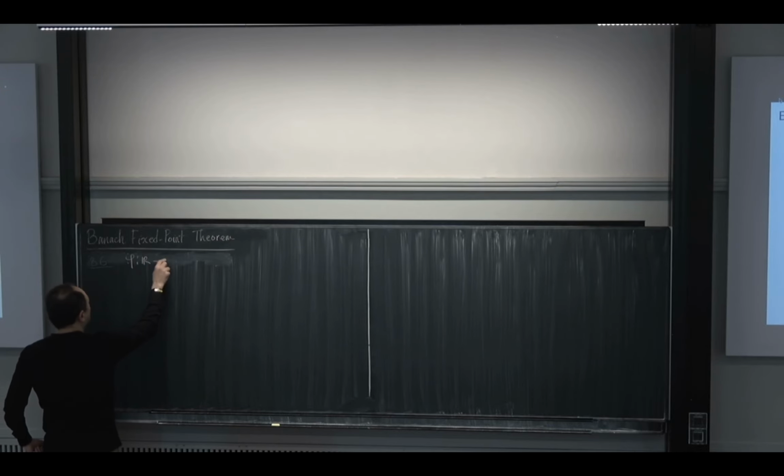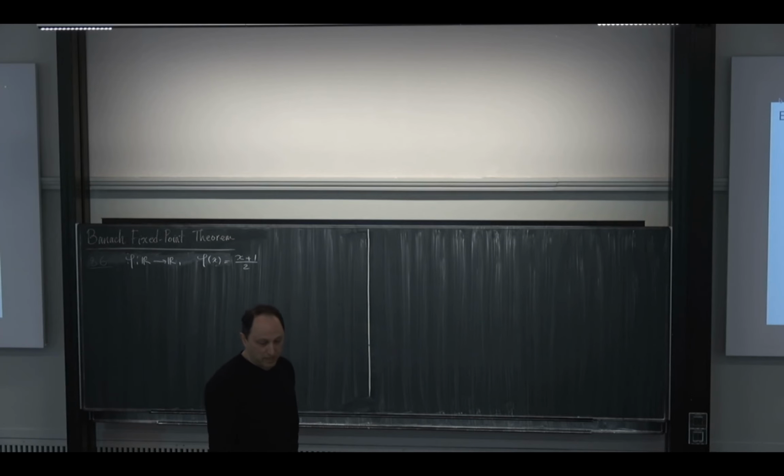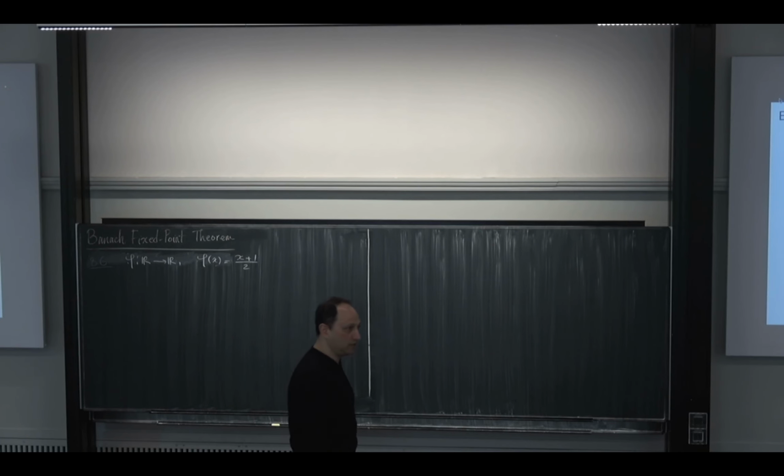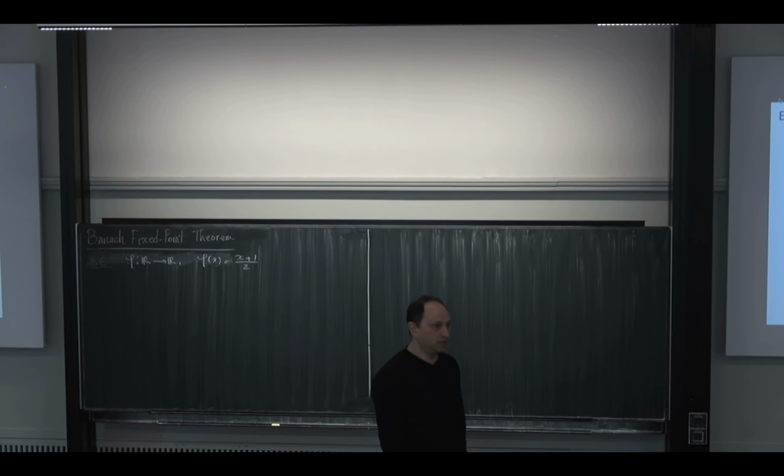I have this function phi from R to R, defined as phi x equals (x plus 1) divided by 2, and I am asking you to show that this is a contraction. The space I am working on is R without mentioning the metric, so by convention, it is the Euclidean R. Do you remember yesterday that Euclidean R is complete?